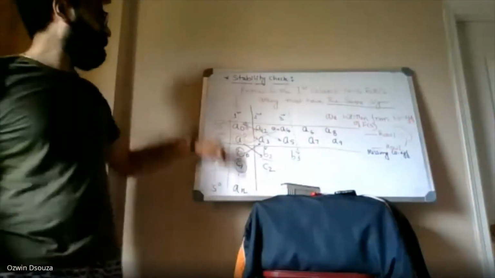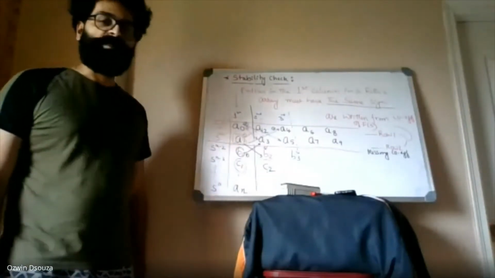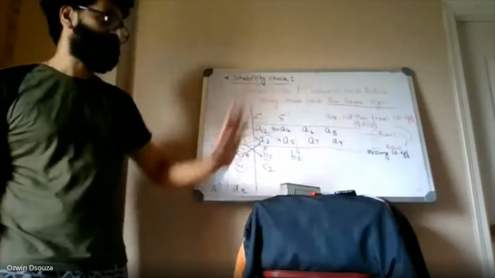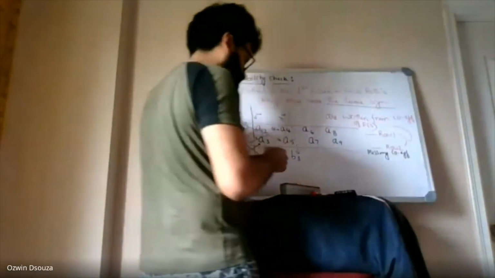So let me repeat: the system is said to be stable if all the elements in the first column of Routh's array have the positive sign or the same sign. If there are any sign changes, then the system is said to be unstable.